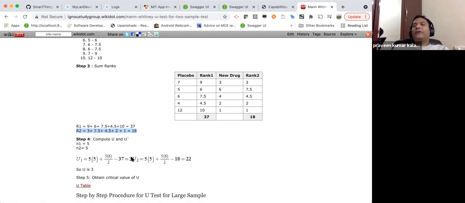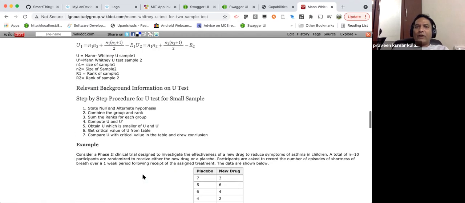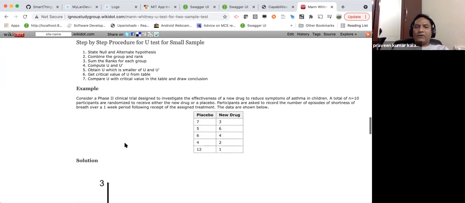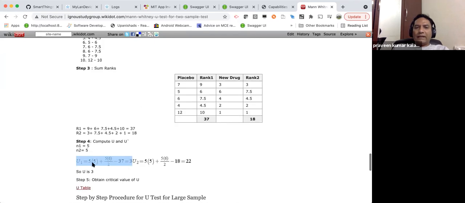Now the next thing is to calculate U. Simple. The formula that needs to be used is N1 into N2 plus, if I am calculating for the first group, N1 into N1 plus 1 divided by 2, minus R1. Here N1 is 5.